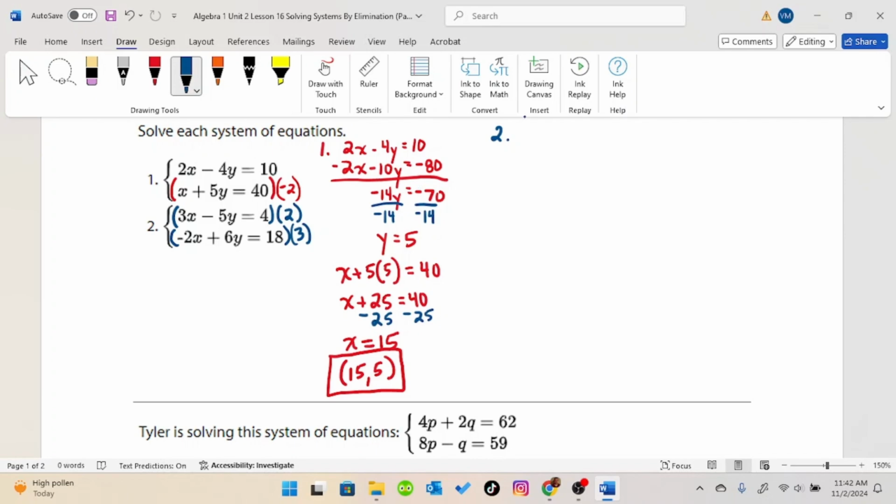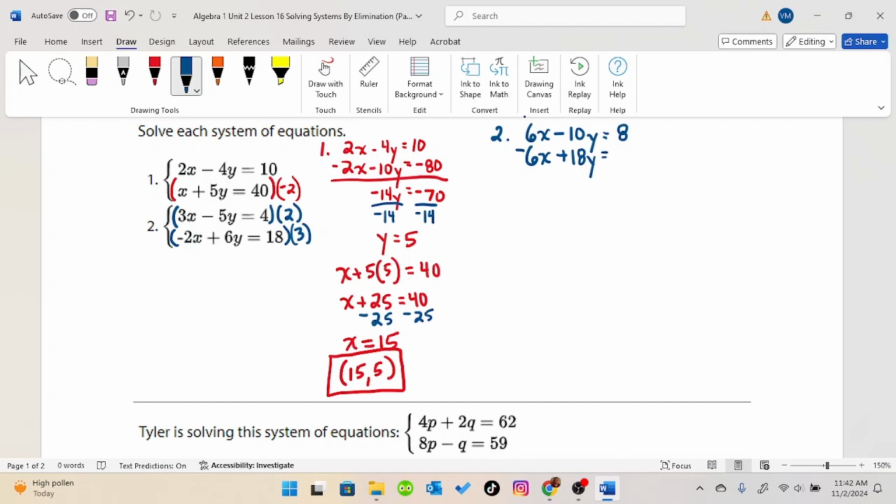So 2 times 3x is 6x. 2 times negative 5y is negative 10y. And 2 times 4 is 8. On the bottom, 3 times negative 2x is negative 6x. 3 times 6y is 18y.